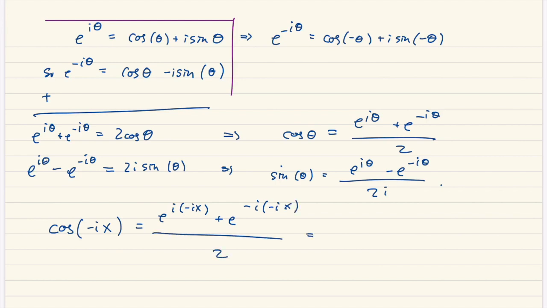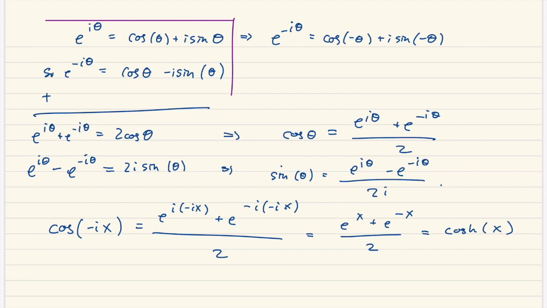So this would be I times minus I is 1. So this is e to the x plus e to the negative x over 2. This is nothing more than hyperbolic cosine.